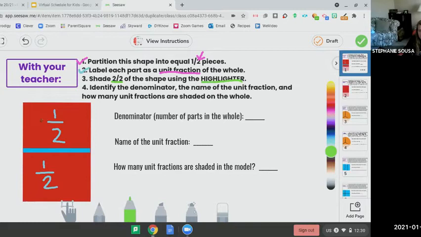If I shade this with my pen, I'm going to cover up my work, and then Ms. Usa is not going to know if you did your work. So we're going to use the highlighter because highlighters are see-through. Look at that. I can still see your labels. Amazing. So it says shade 2/2 using the highlighter.